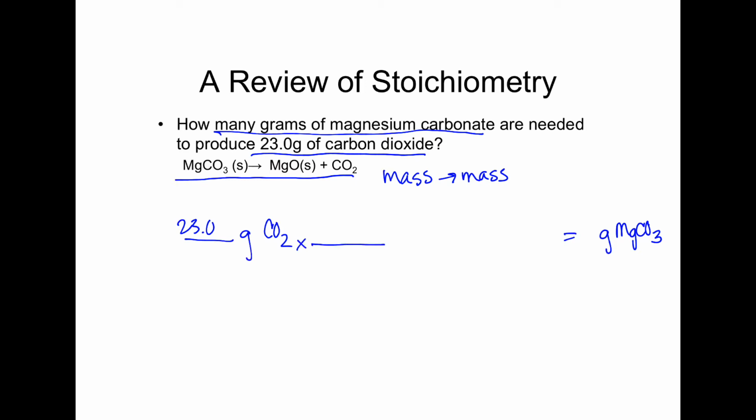The first time you use a molar mass to convert to moles. So carbon dioxide is 44.01 grams per 1 mole. Then we use a mass-to-mass or a mole-to-mole ratio. I can see from my problems they are in a 1-to-1 ratio.